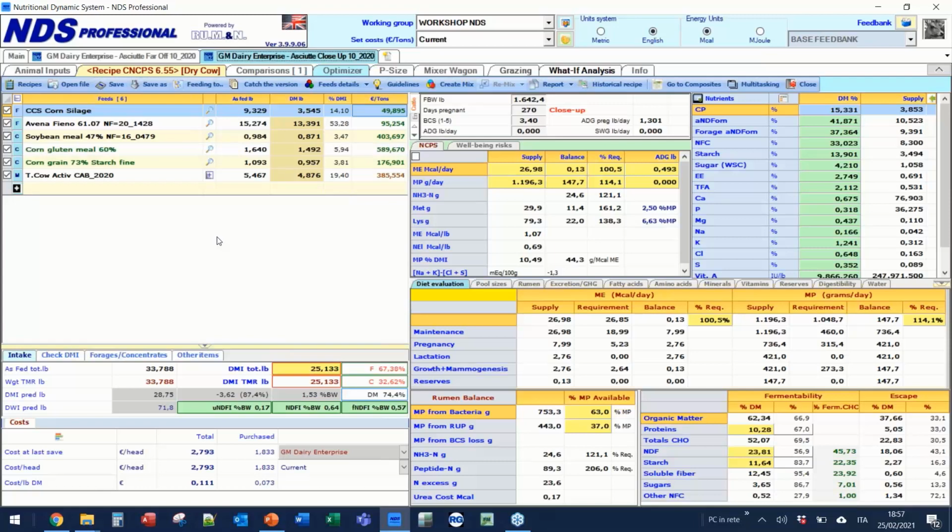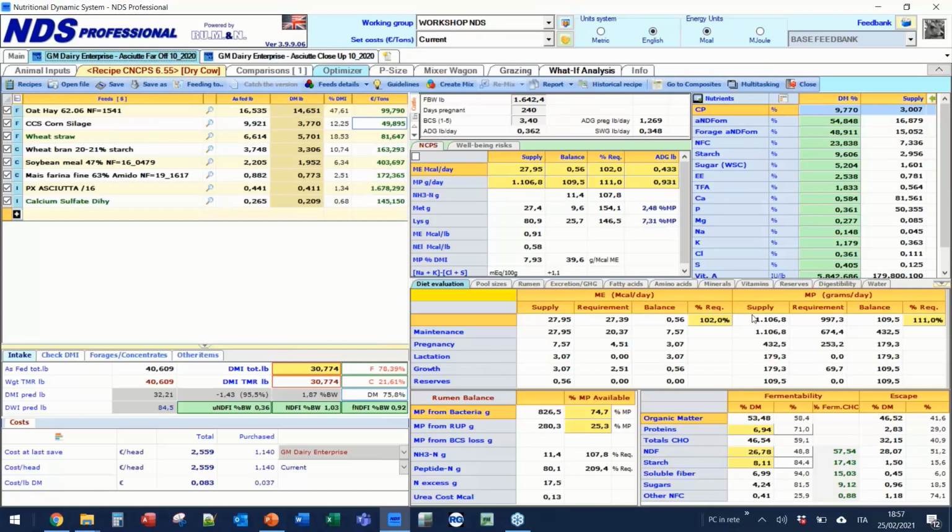And what I mean is that in our perspective, during the far-off period we should meet the requirements, and we should stay around 1,000 or a little more grams of metabolizable protein, because we do not have extra requirements based on growth.